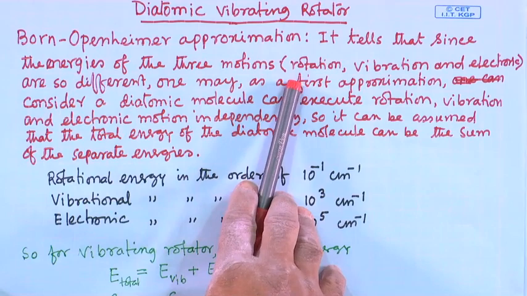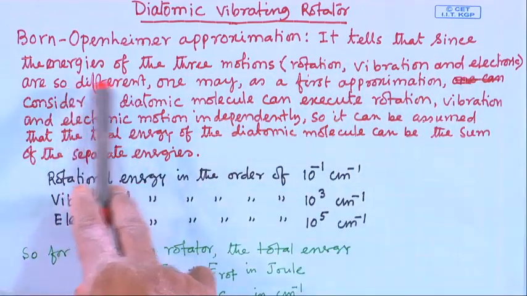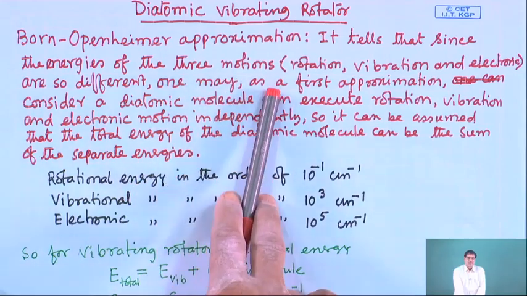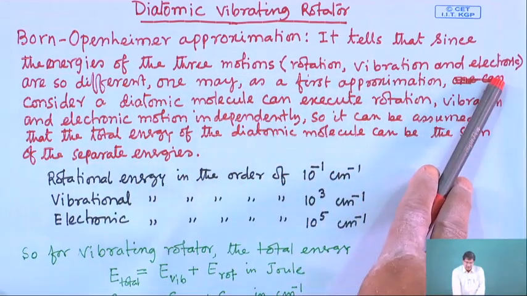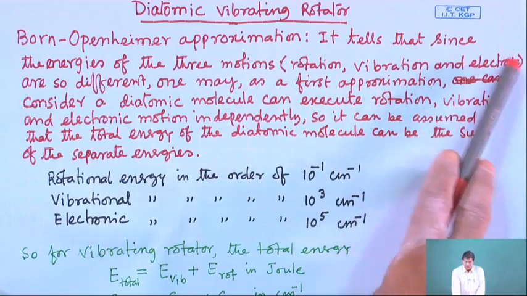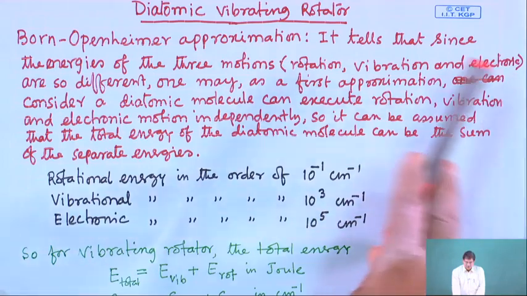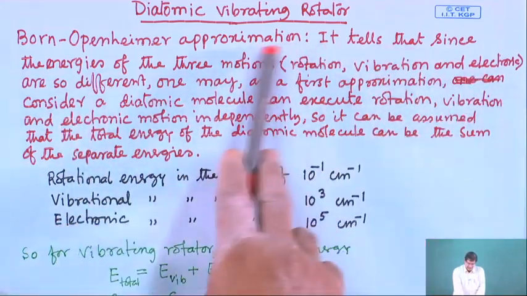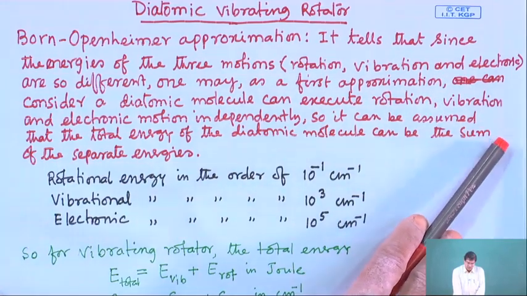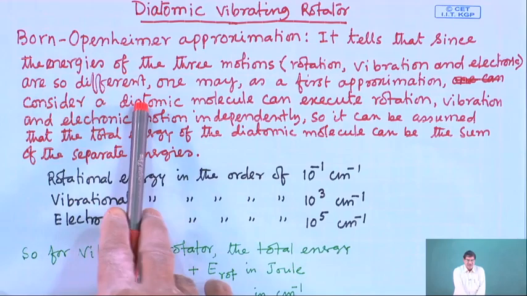The Born-Oppenheimer approximation tells that since the energies of the three motions, rotation, vibration and electronic motion, (electronic motion I have not taught you yet, but later on I will teach you), these three types of motion in a molecule, their energy ranges, the orders of the energy, are so different.